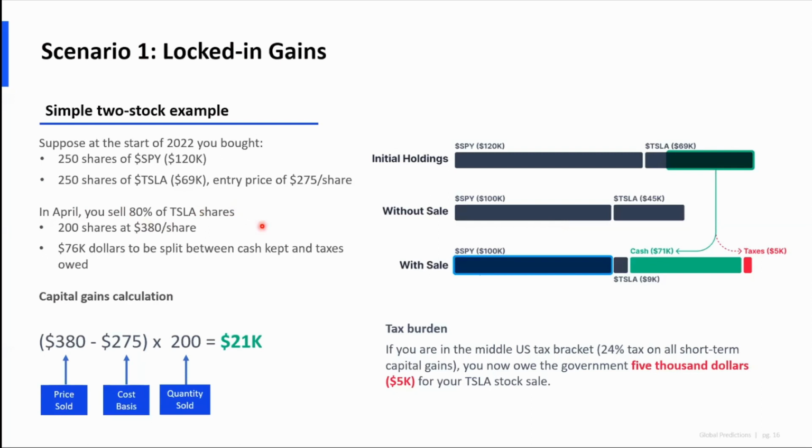What you will have done is locked in this capital gain. In the US, it's going to be short-term capital gains. In Canada, it'll just be regular capital gains of $21,000.